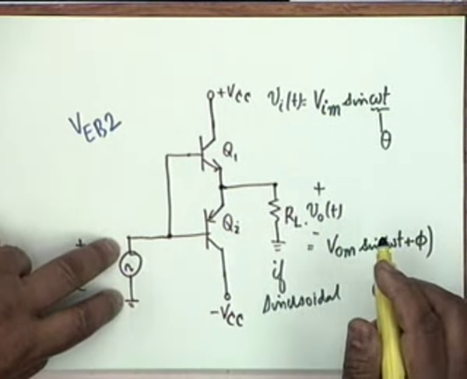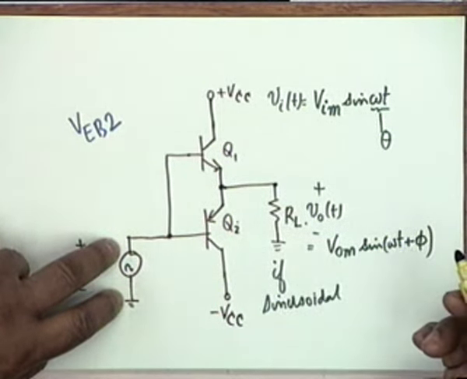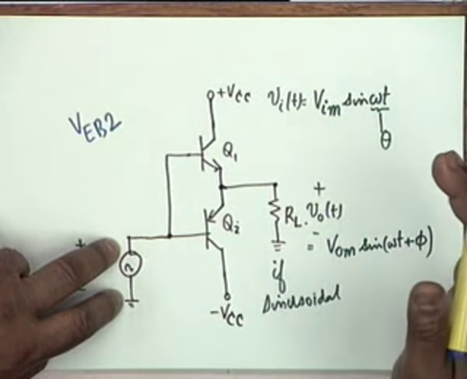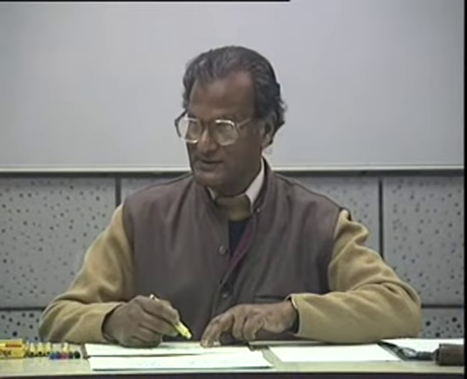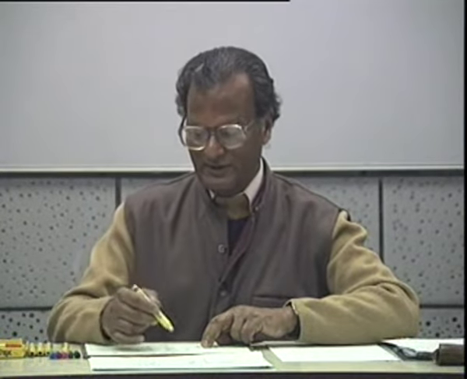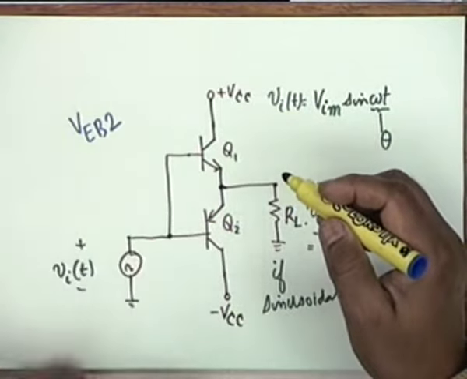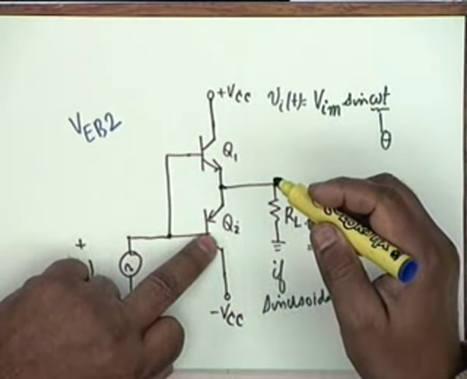When V_i increases in the positive direction and reaches the value V_BE on, Q1 starts conducting. And when Q1 conducts, Q2 obviously must be off.